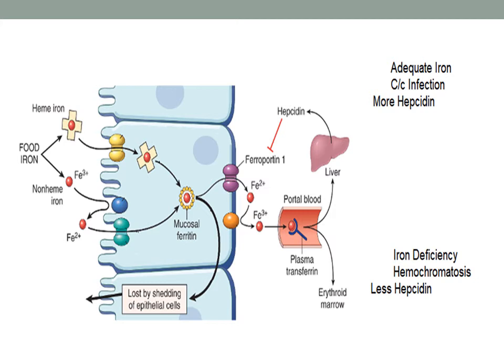Hepcidin will bind to ferroportin 1, hence there will be no iron absorption, and the opposite happens when there is low serum iron, such as in iron deficiency anemia. The liver will not produce hepcidin, therefore hepcidin will not bind to ferroportin, so there will be iron absorption. There are other cases in which the liver produces more hepcidin, such as in systemic inflammation.